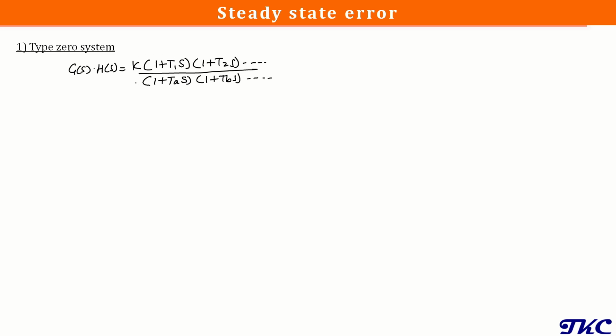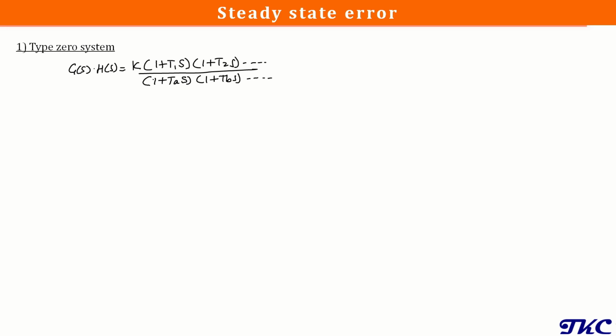If we have any separate s in the denominator, that tells us that we have a pole at 0. But here we do not have any separate s. All the s terms that we have are with some constant. So we do not have any pole at 0, and that indicates it is a type 0 system.